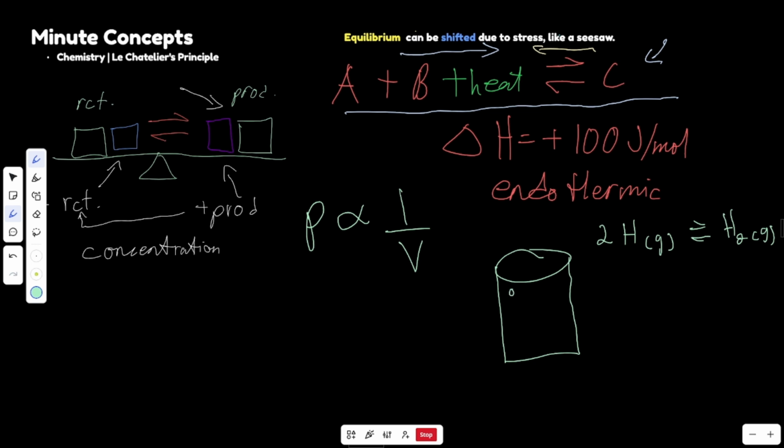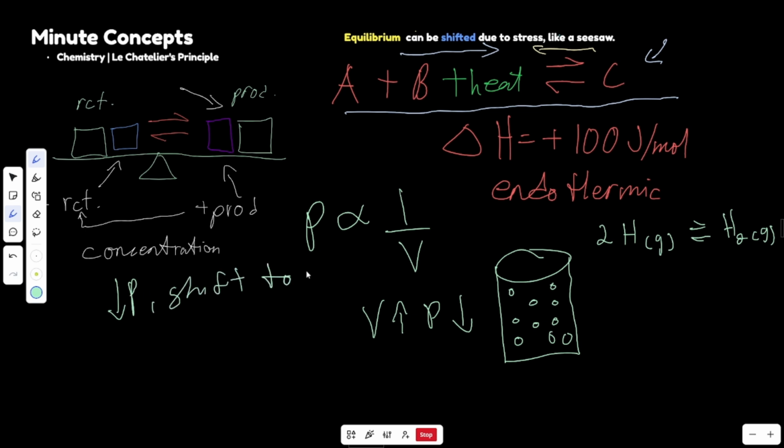Now, let's say that this is a low pressure system, so we have a bunch of the uniatomic hydrogen just flying around in there. So this is low pressure, high volume, right? Now, according to Le Chatelier's principle, whenever we have low pressure, we favor the side with more moles of gas. So low pressure, shift to more moles of gas.